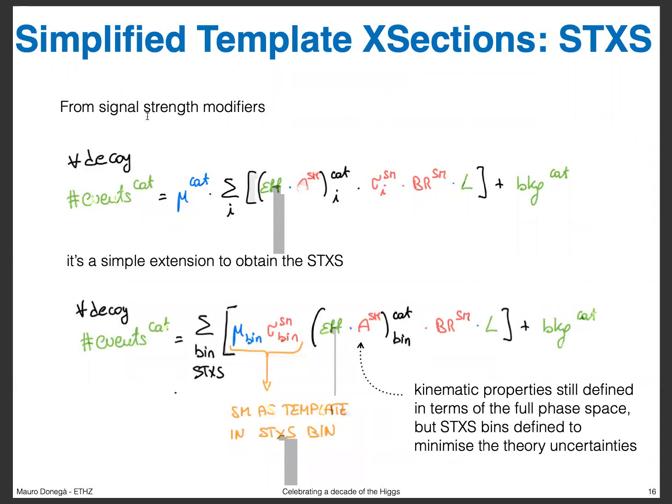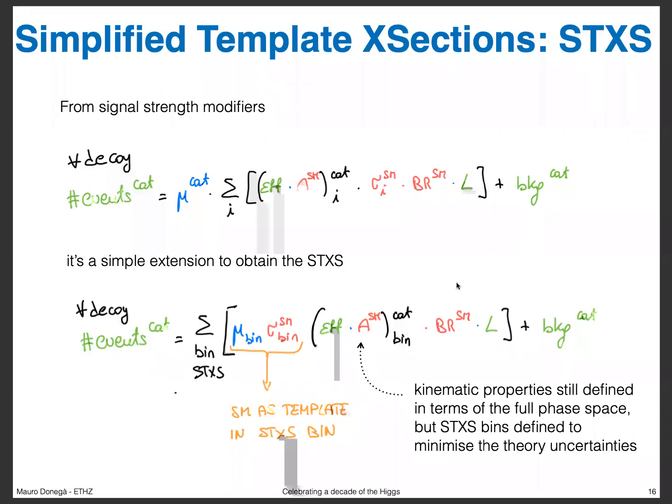So essentially what we do is we start from what we wrote before for the signal strength modifier. And the STXS are essentially a simple extension to this. So we move from, given a decay, we move from the production bins into STXS bins.